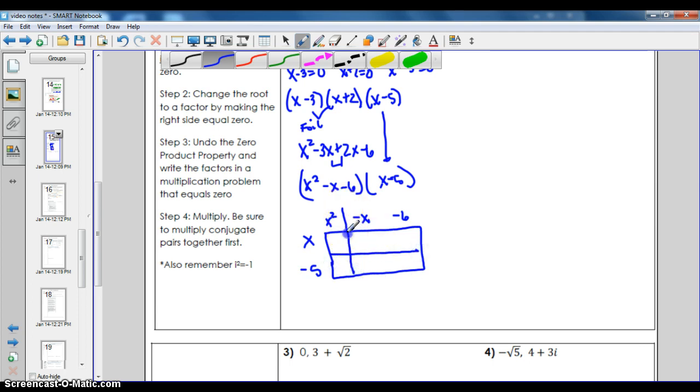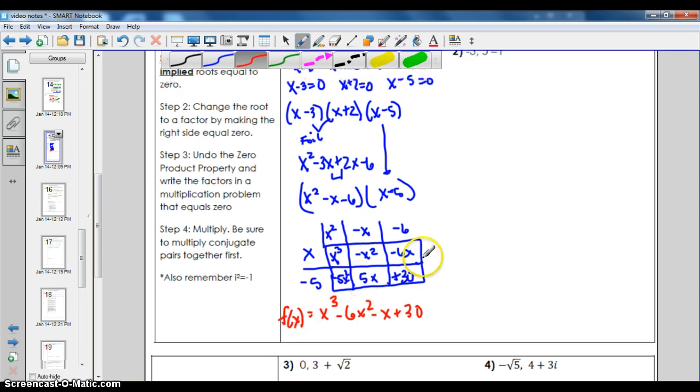So here's what we get if you kind of want to create that box. There we go. So it's x cubed, negative x squared, negative 6x, negative 5x squared, 5x, and positive 30. So combining like terms to get your final answer would be x cubed first, minus 6x squared, minus x, plus 30.